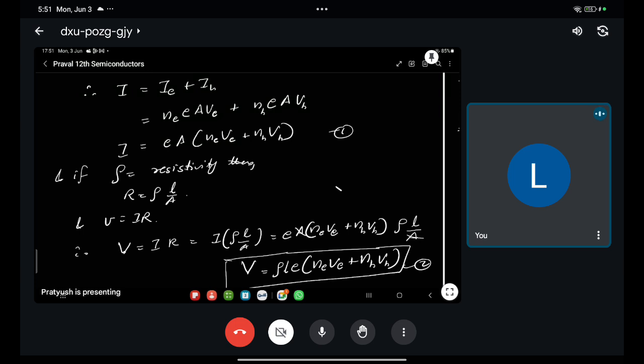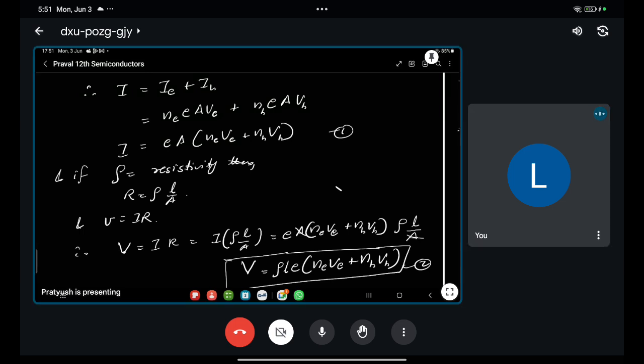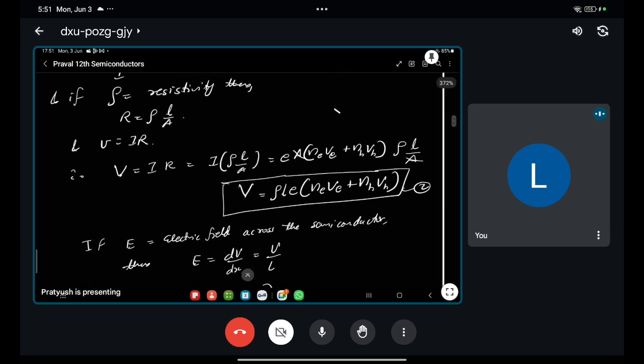Now again, we know that electric field is the potential gradient. Means when we differentiate the potential with respect to x, we will get electric field, that is V upon L. So take L on the opposite side.